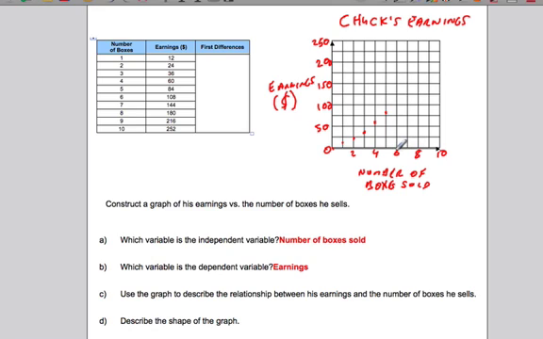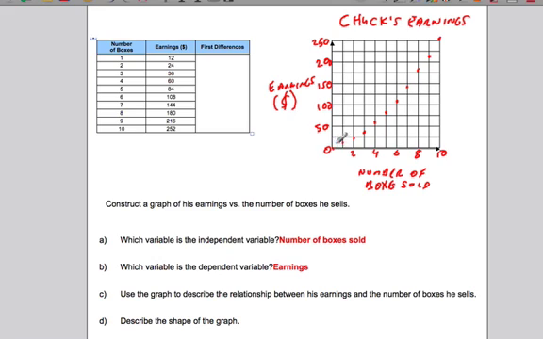And 6 boxes will be 108, which will be a little bit below halfway between 100 and 125. 7 boxes is 144. 8 boxes is 180, which is a little bit above 175. 9 boxes is 216. And 10 boxes is a little bit over off our graph here.